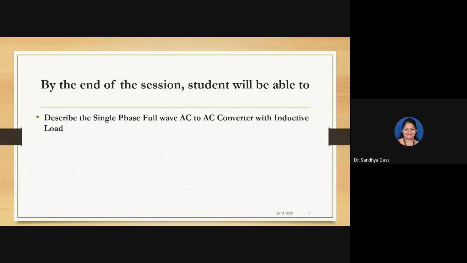Because as you can see, in most practical applications, all loads are inductive type. Can anyone tell me what you mean by inductive load? When I say in practical situations all loads are inductive type. And please note that I'm in full screen. I'll not be able to see the chat box. I would request you to unmute yourself and speak up. Inductive load means what?